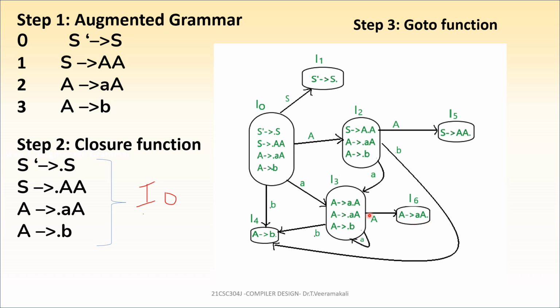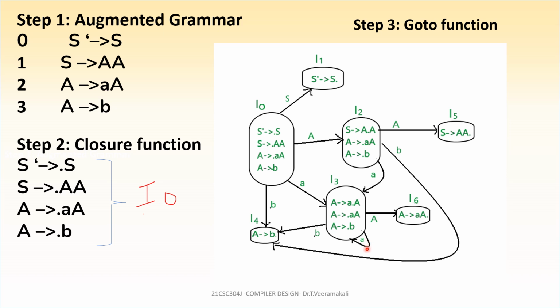Next, if you take the second rule, you have dot a, small a and capital A. If you apply the goto function for the second rule, you will get this as a result. That is a dot A, and then since you have an A after the dot symbol, you will get these two production rules.